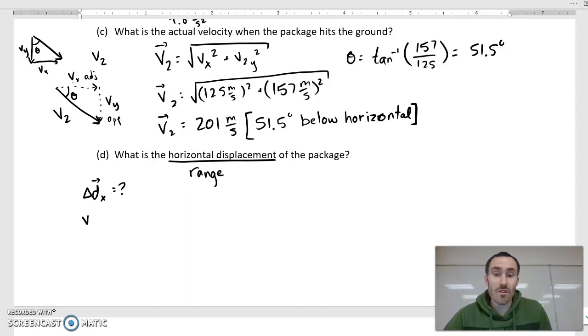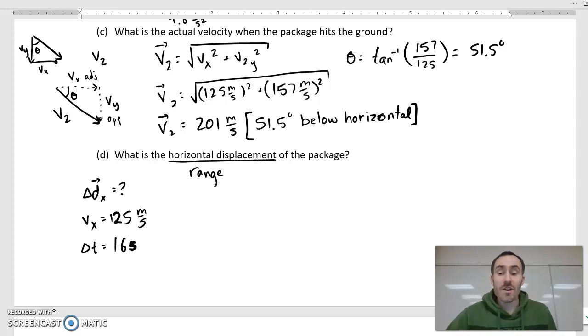So we're looking at what's all the horizontal stuff that we know. We know Vx is 125 meters per second. And there is no other x stuff that we know, except for one thing that doesn't have direction on it, and that's time. And we know that the time is 16 seconds. This looks like 125, but I really meant 16 seconds.